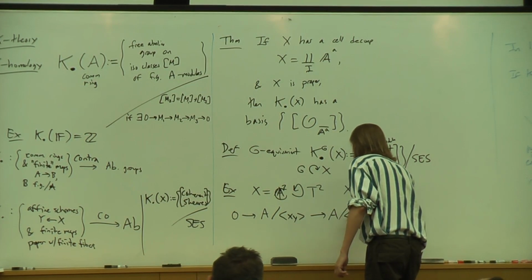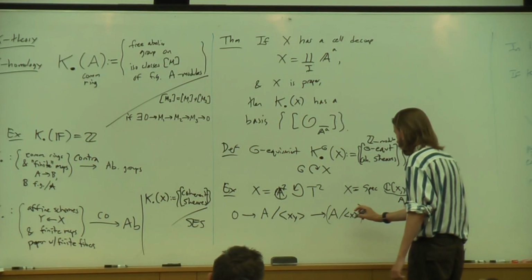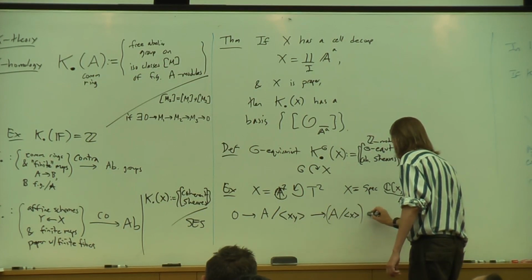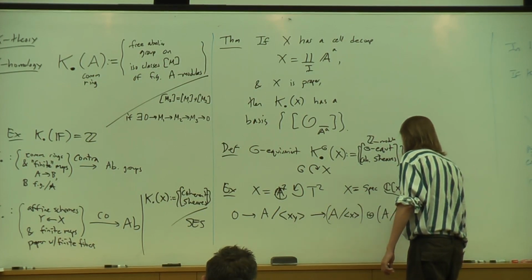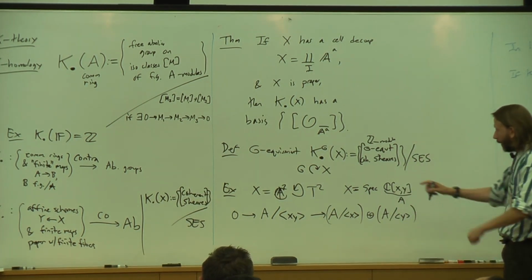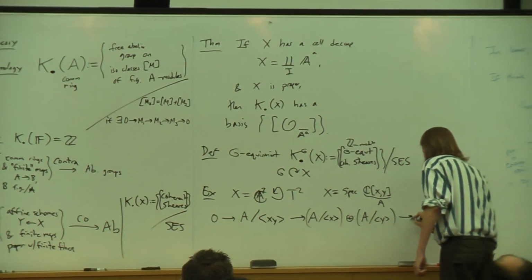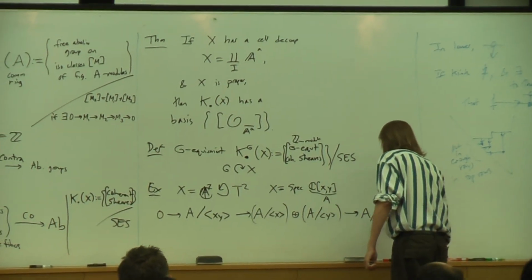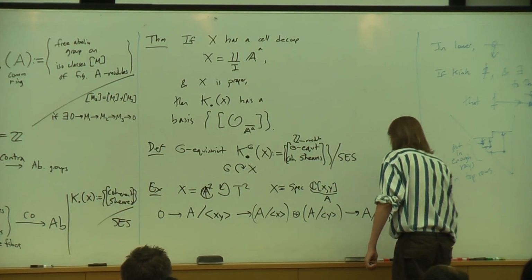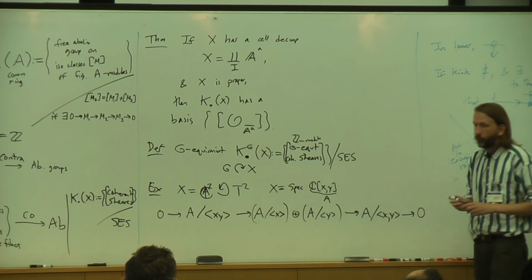I'm going to quotient it by X, and I have a nice map from this onto that. But I've also got a map from this onto that, A mod Y. And this map is no longer onto. It has a co-kernel that's isomorphic to A mod X comma Y. And then it's short exact.